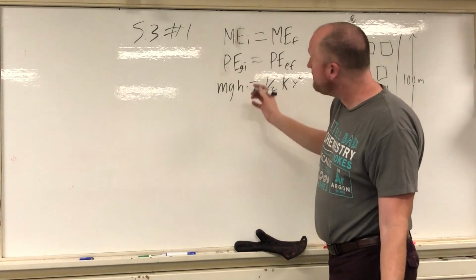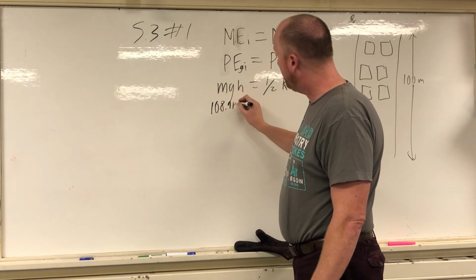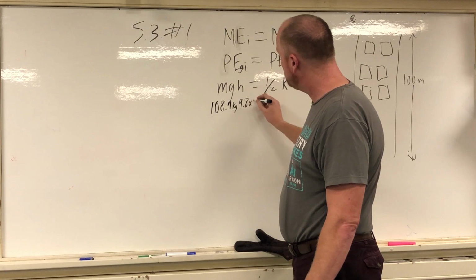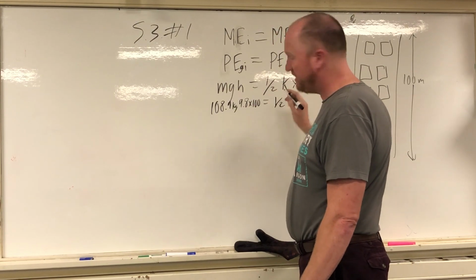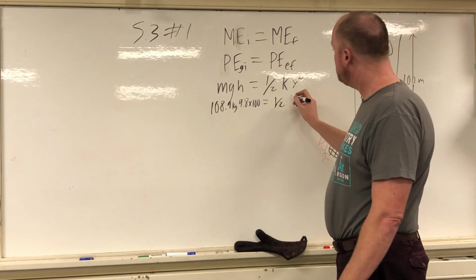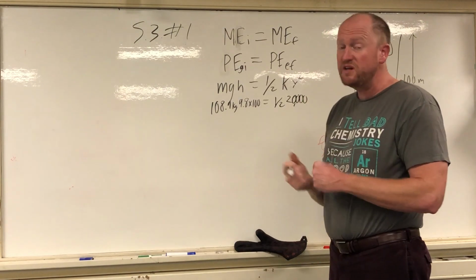Now, if we start out here, my mass is 108.9 kg. Gravity, Earthlings, is 9.8 times 100. And that's going to equal 1/2. Now, k, we give you a k value here of 20,000, which is pretty darn strong.